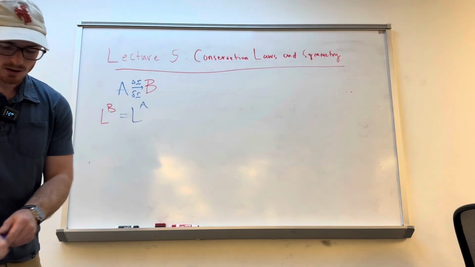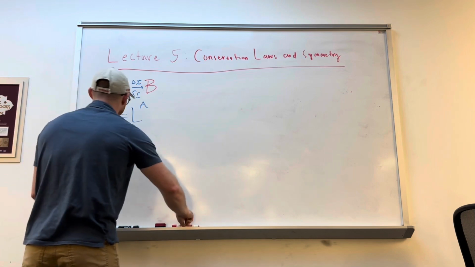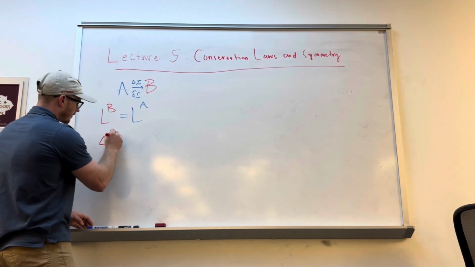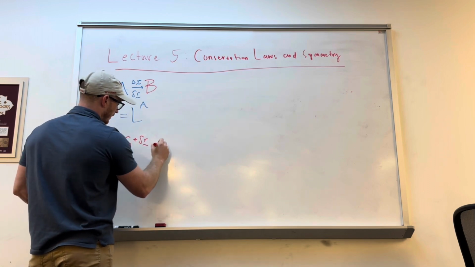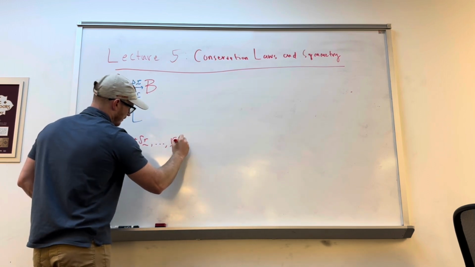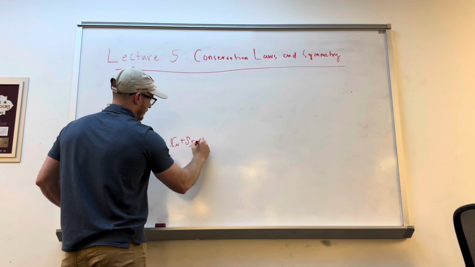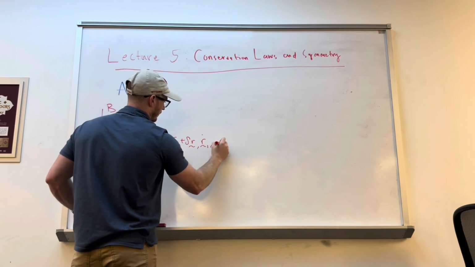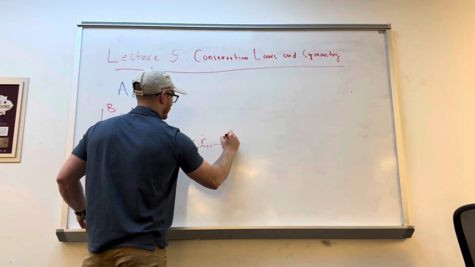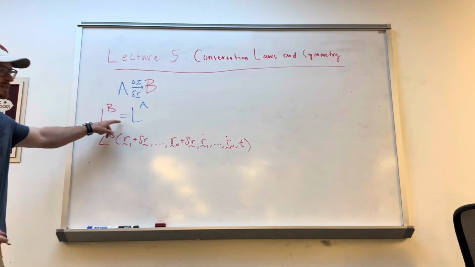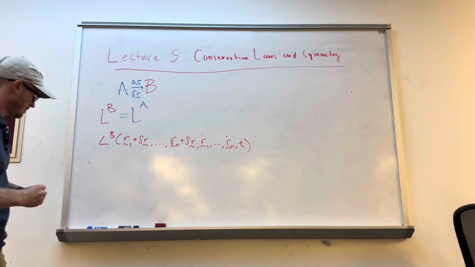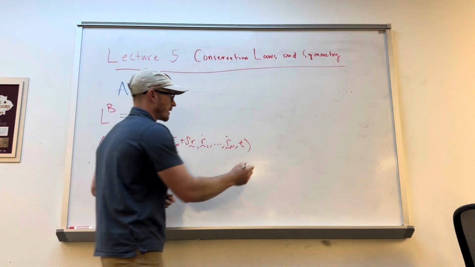Well, in our Lagrangian for system B, we're now going to have R1 plus delta R, Rn plus delta R, R1 dot, Rn dot, T. And I'm going to move this to the other side by subtracting it on each side.